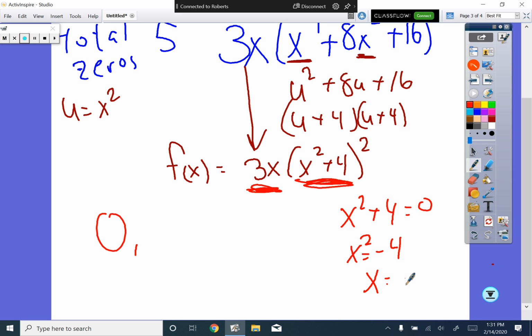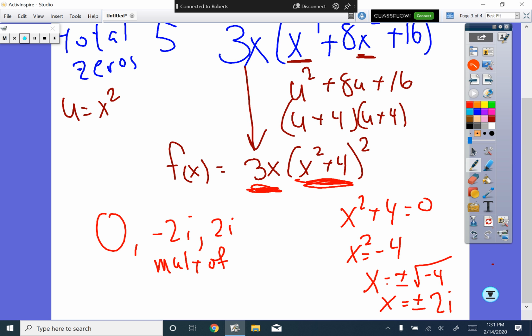Remember, anytime I square root, I have to do plus or minus. Okay. So I have also negative 2i and plus 2i, but a multiplicity of 2 because of him. So that's 1, 2, 3, 4, 5 zeros. Yes?